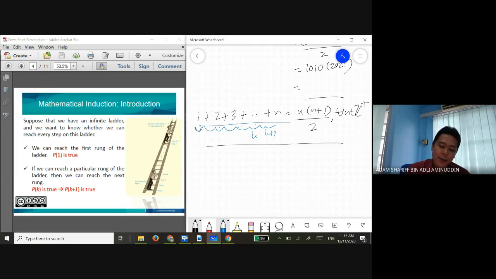The idea of mathematical induction is based on this. You assume that the first case is true, hence the first ladder. You assume that step k is true, and you need to prove that k plus 1 is true. Therefore, you can safely say you can reach until n. This is a new analogy.